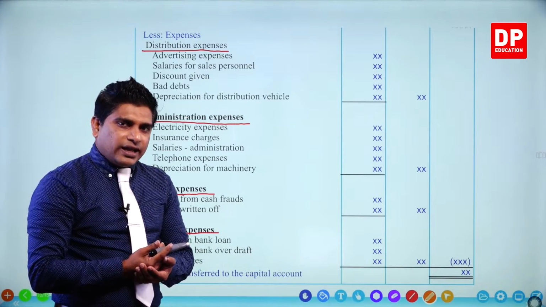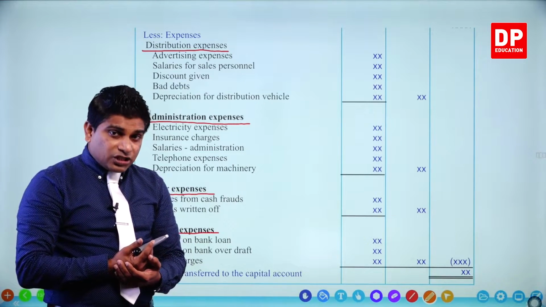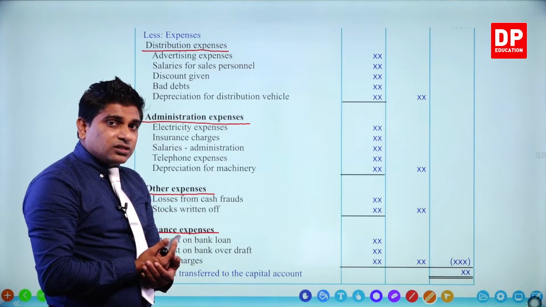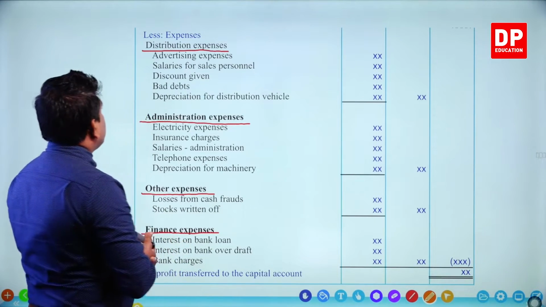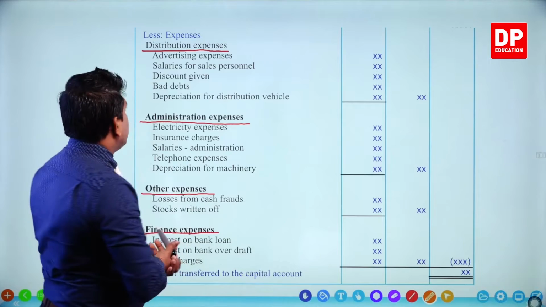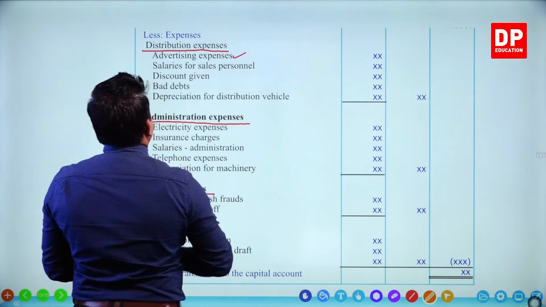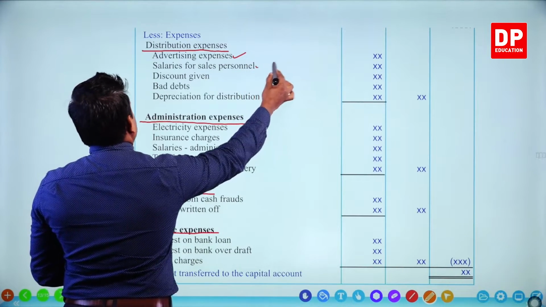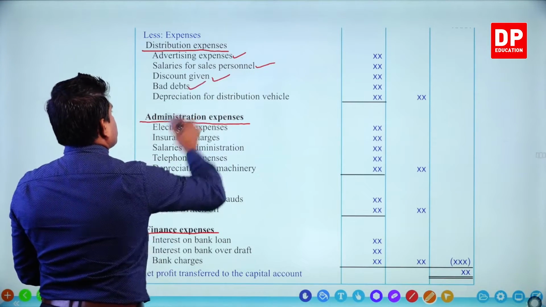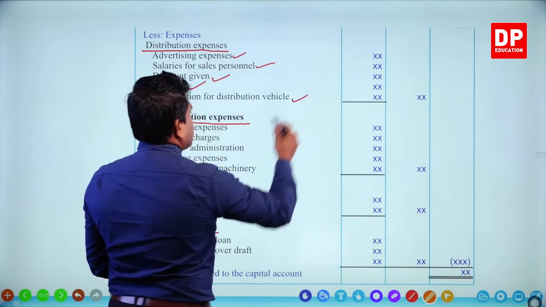Actually, here I presented in this slide the details mentioned in the textbook. If you can't see this clearly, you can use your textbook. Now, distributing expenses: advertising expenses, salaries for salespersons, discount given, bad debts, depreciation for distribution vehicle.